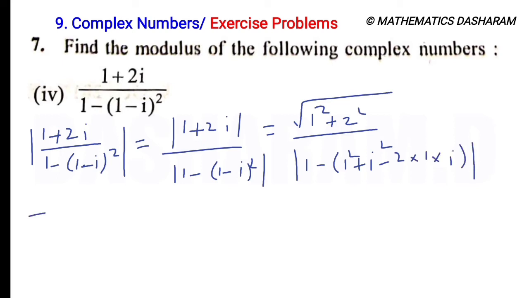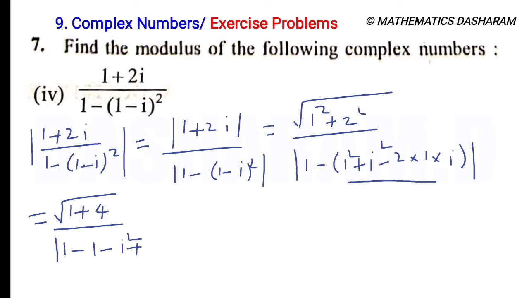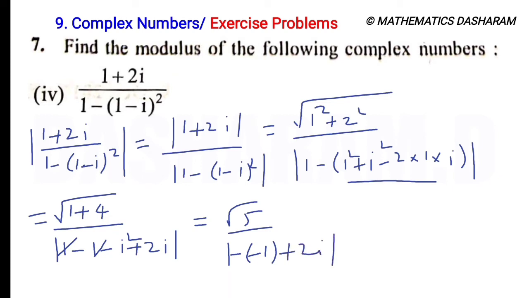So it equals root 1 square 1, 2 square 4, divided by mod of 1 minus 1, remove the bracket now, so minus i square and minus 2i. It equals root 5 divided by mod, 1 minus 1 cancel, minus i square is minus 1, so it is minus of minus 1, that is 1, minus 2i.